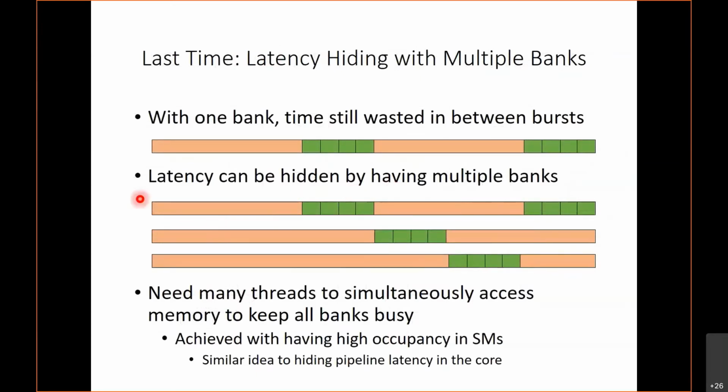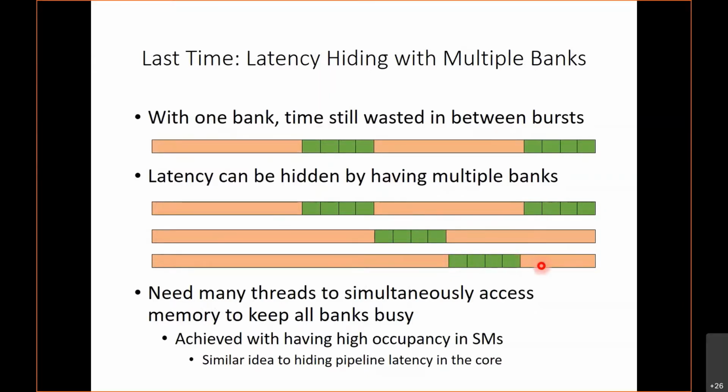So if I'm reading from multiple DRAM banks, then while I'm waiting for the DRAM array of one of the banks, I can be reading from the burst of the other bank. And then by the time I finish reading these bursts, then maybe the other bank is ready, and I can read those bursts. And by that time, maybe there's a third DRAM bank that I was reading from the DRAM array, and now it's ready, and I can read those bursts.